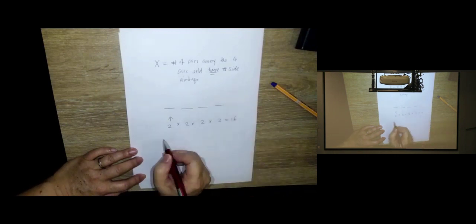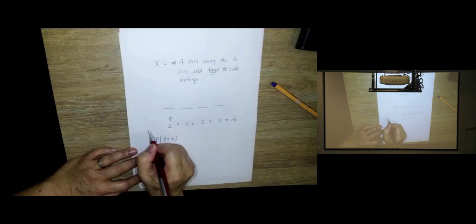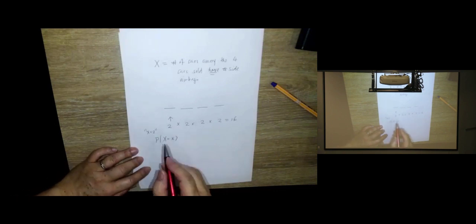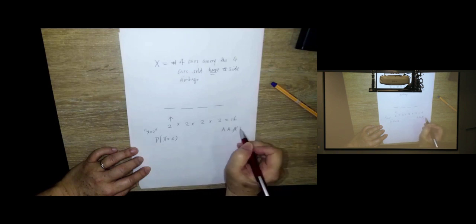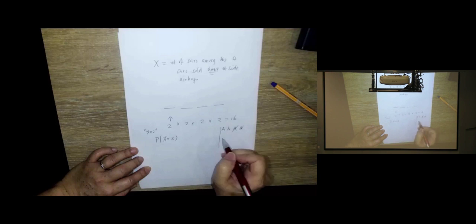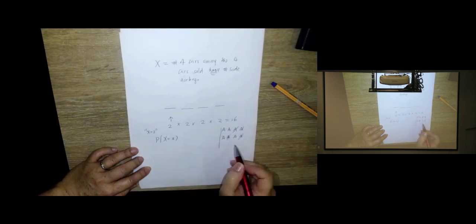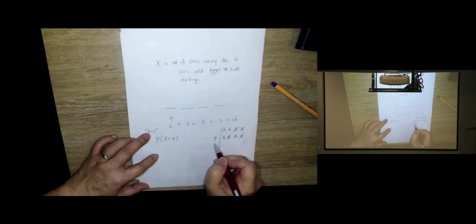And now the probability that X equals small x, let's say x equal to 2. It means that you want air, and no air, and no air. So this is one way, but then there are many other ways, and so on. There are altogether 4 choose 2 ways.